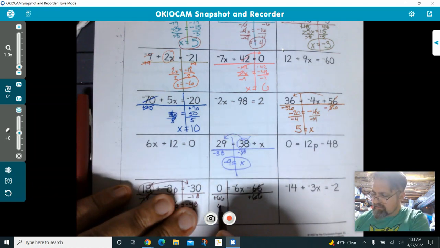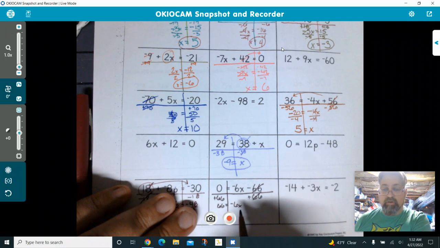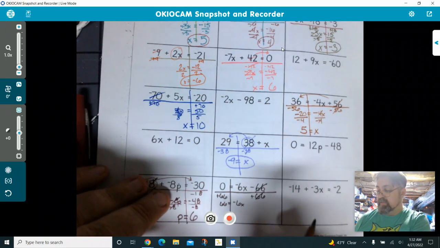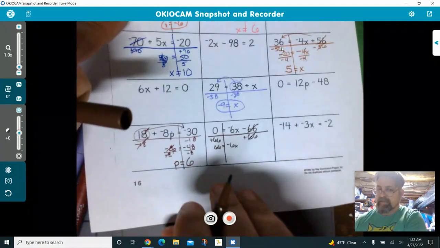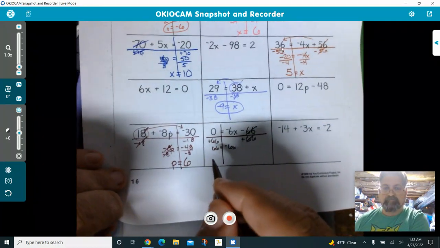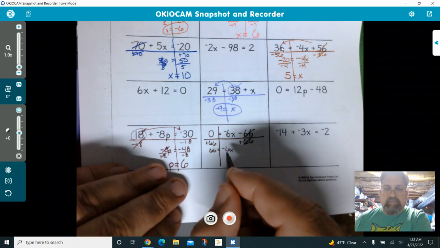So 66 equals negative 6x. Negative 6 times whatever this number is going to give me 66. Sorry, I was running into my buttons there. All right.